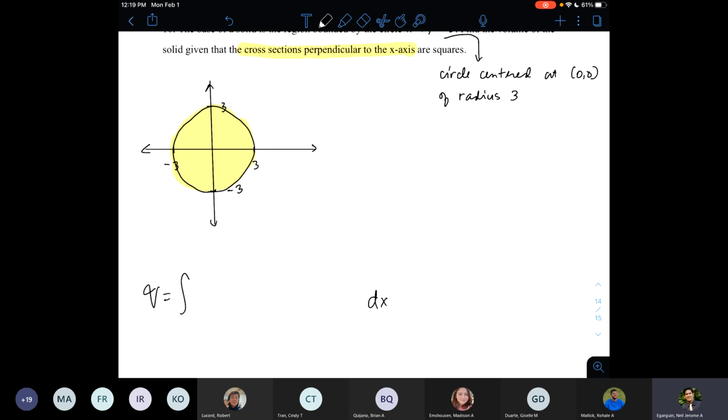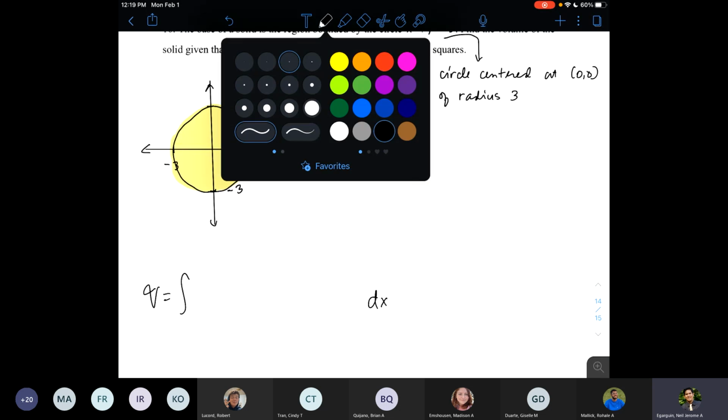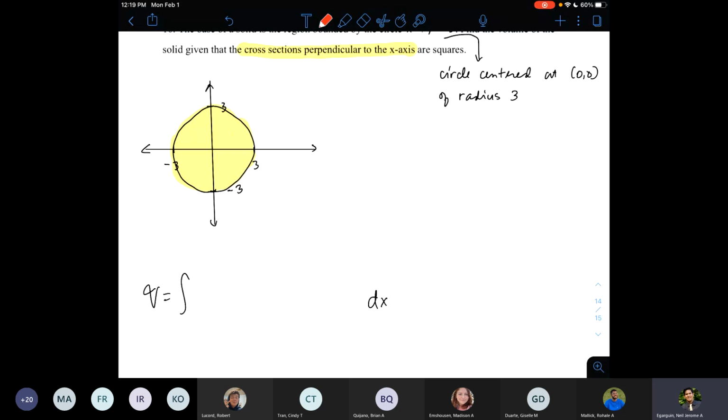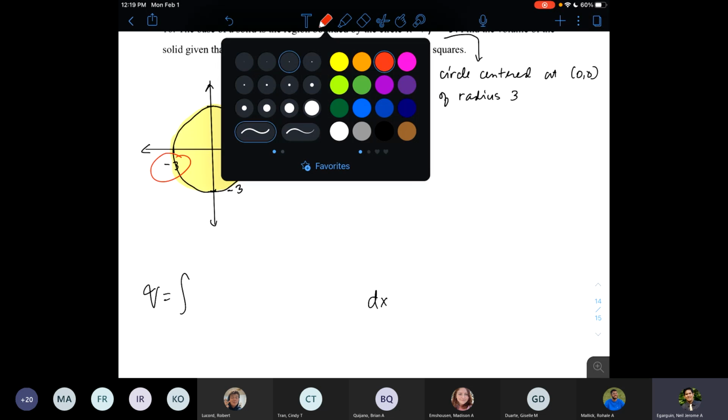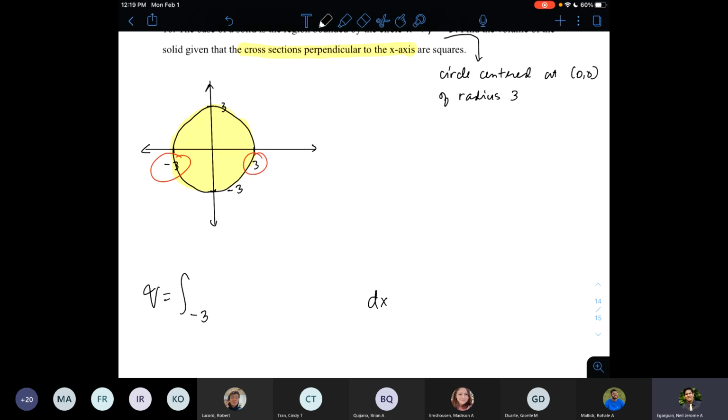Of course, you could use some symmetry, but I'll forget about that for a moment. Let me do the entire integration without assuming any symmetry. If I look at the shaded region, it started when x is equal to negative 3, and it ended when x is equal to 3. So the bounds for the integral would be from minus 3 until 3.